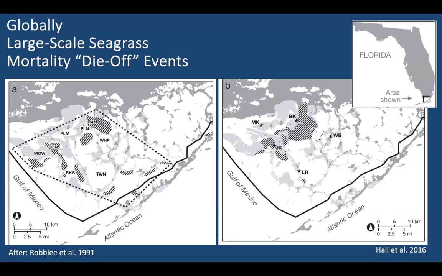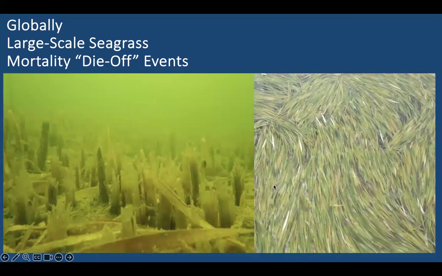One of the major enduring hypotheses driving these large-scale mortality events involves the leaf meristem, the growing part of the leaf where the leaves are growing. It's a very sensitive area that is affected by hypoxia, followed by hydrogen sulfide intrusion.